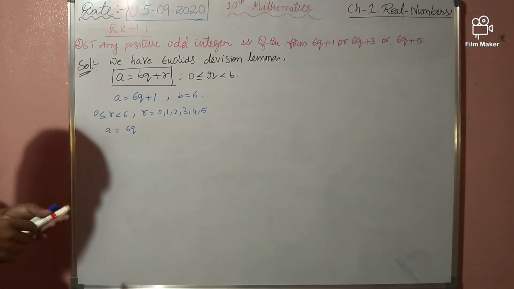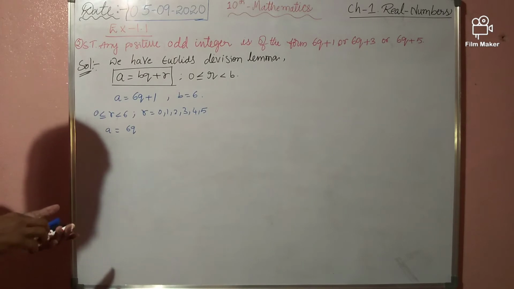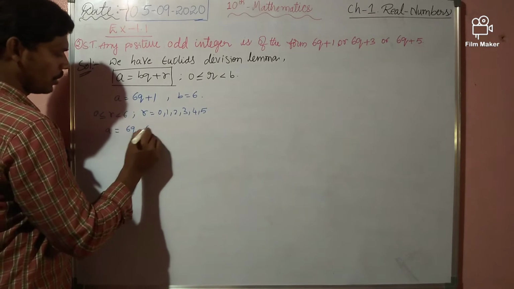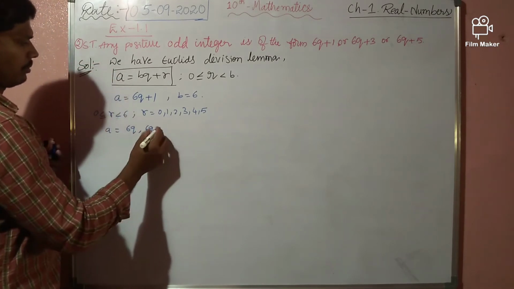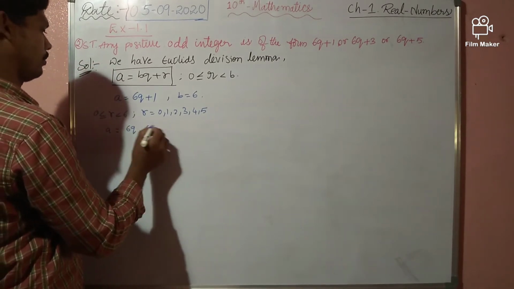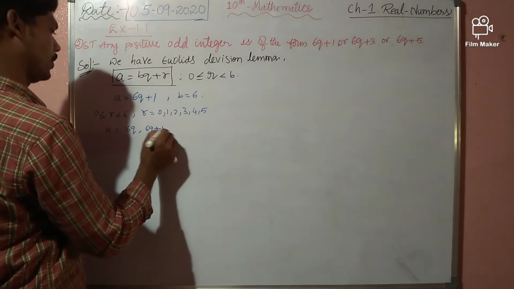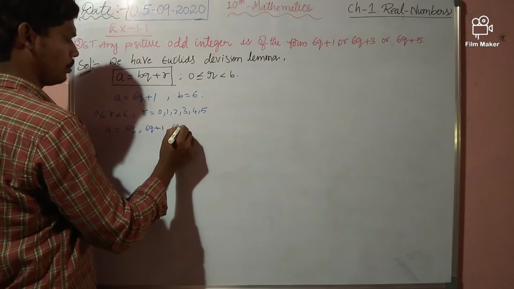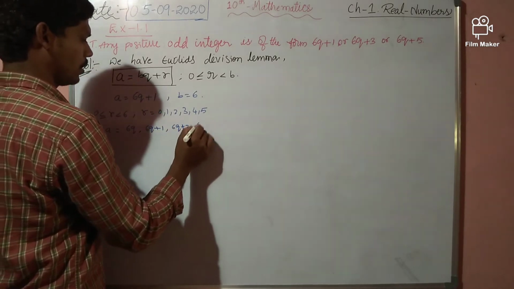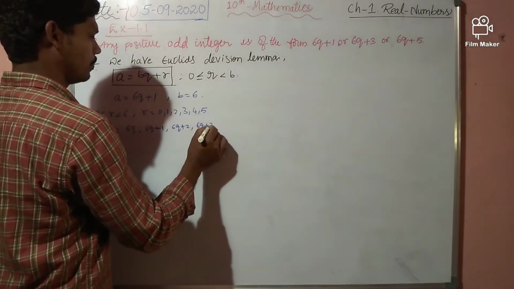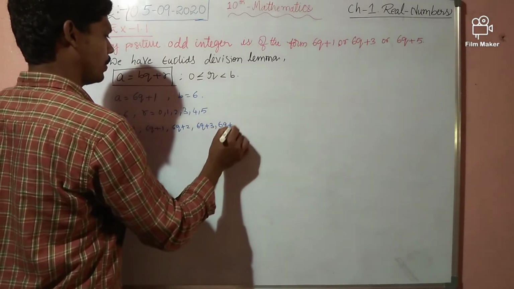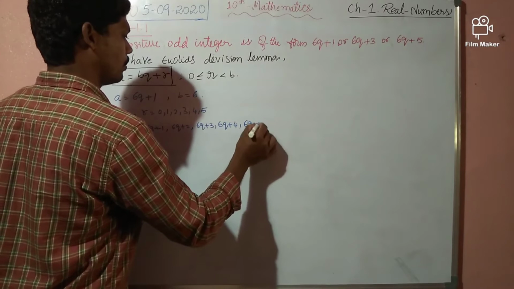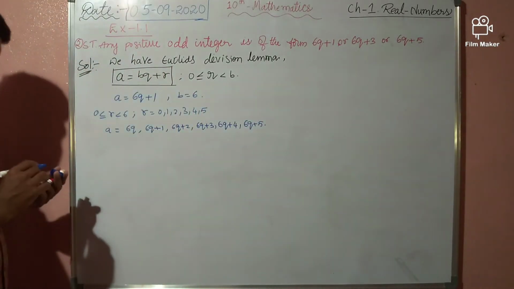So a value becomes 6q, or if r is 1, 6q plus 1, 6q plus 2, 6q plus 3, 6q plus 4, 6q plus 5, till here.